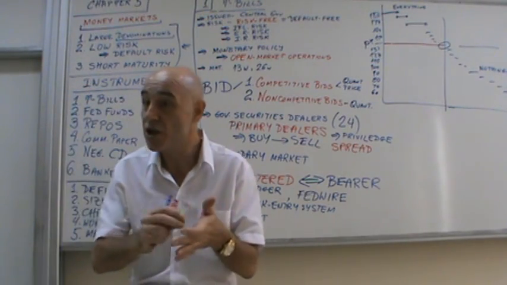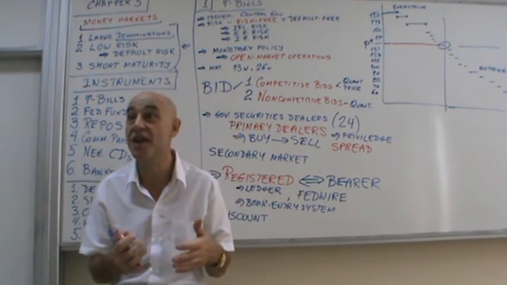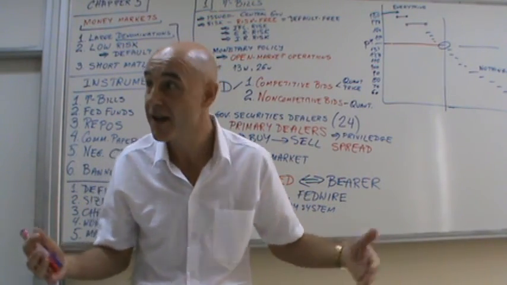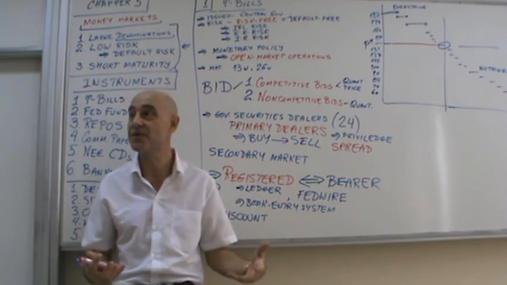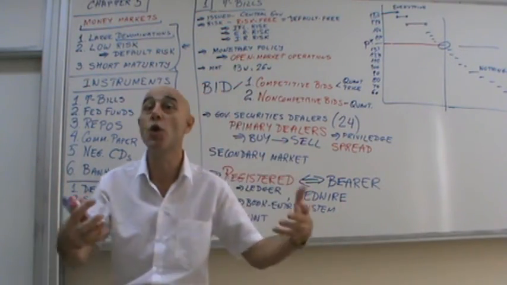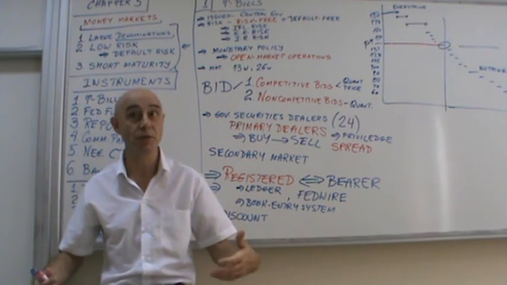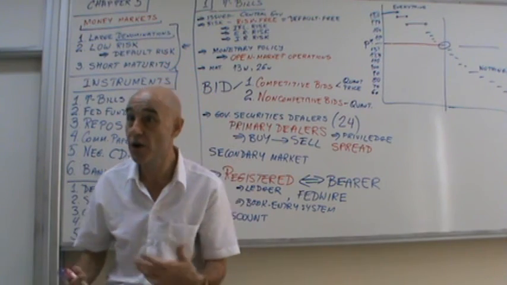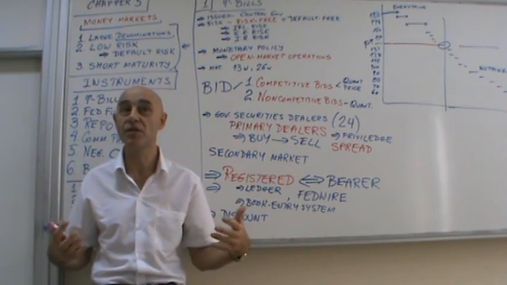You don't need to crunch math to understand that there is a giant real estate bubble in town, and when the bubble collapses, so will the banking system with it, and so will the economy with it, and so will the currency with it, okay? You don't need math to do that.